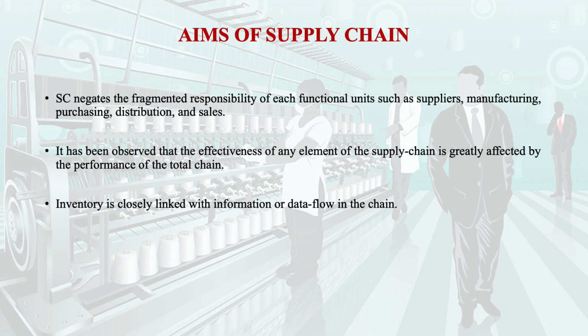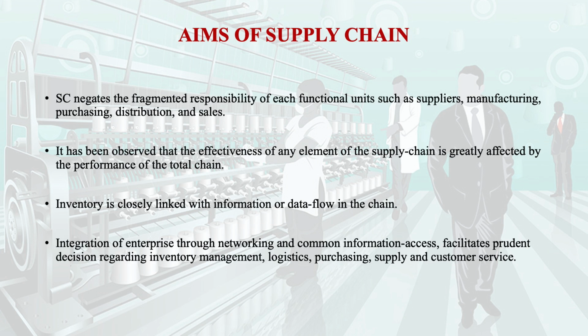Friends, we are discussing the aims of a supply chain. As a matter of fact, the aim of supply chain is to optimally manage inventory. Inventory will be managed if we manage our information. That is why it is said inventory is closely linked with information.